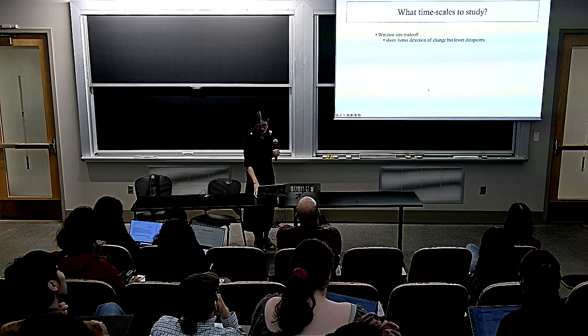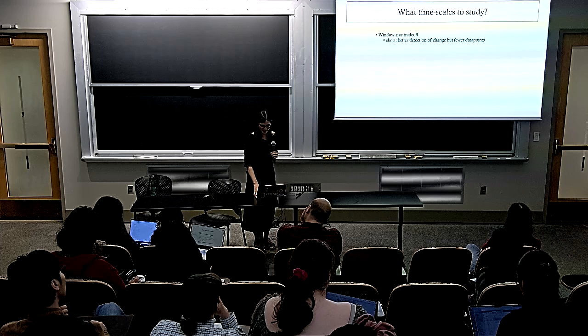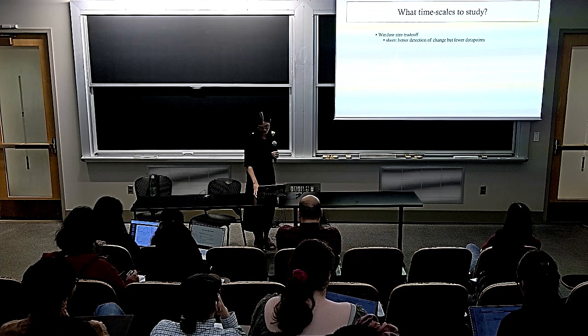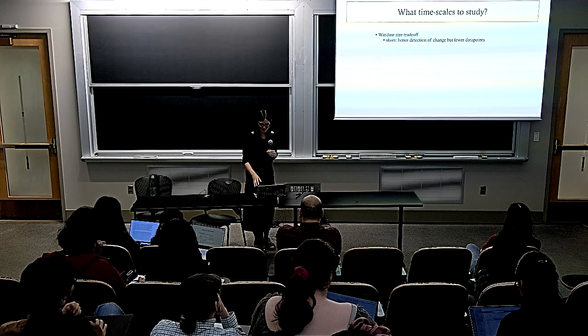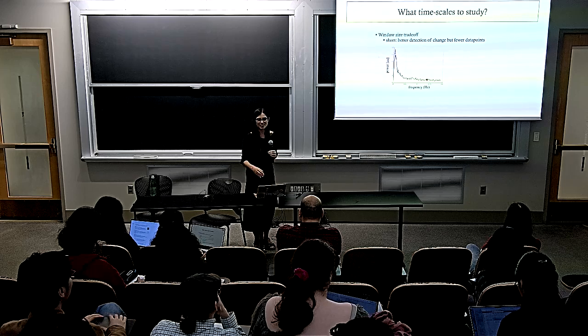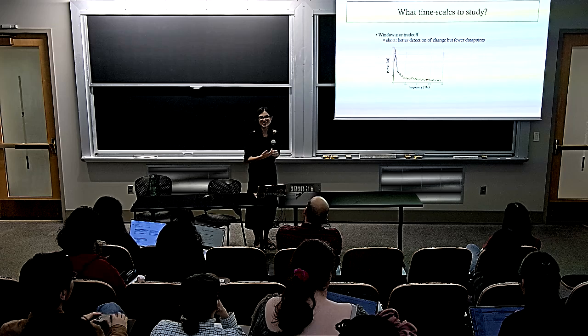Also, we want to ask, what timescales should we study for looking at connectivity changes? Of course, in terms of the analysis, one trade-off is, we'd like short windows, but that would give us fewer data points per measure. But also, BOLD signal doesn't give us a lot of guidance in terms of what time scale we should study, right?